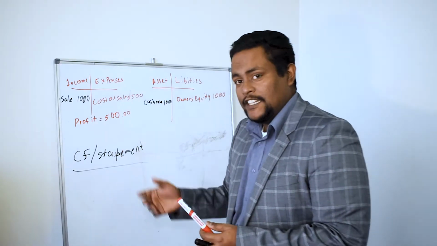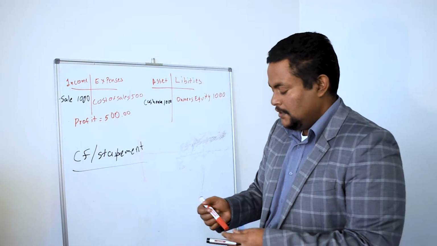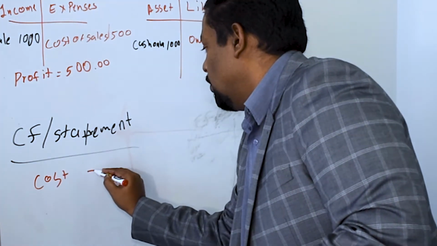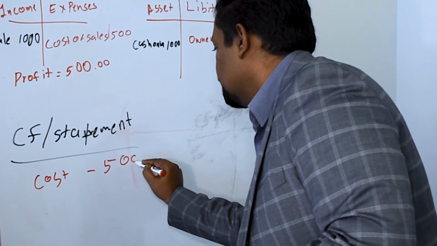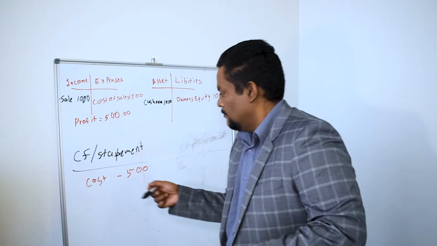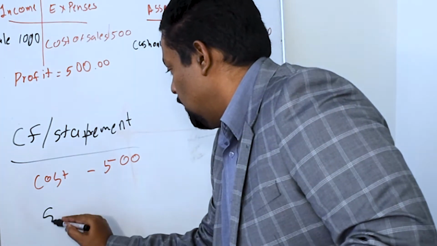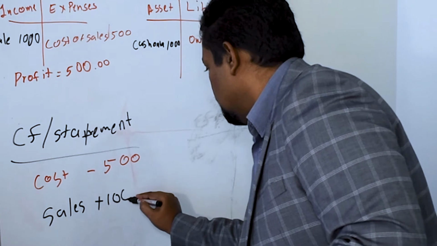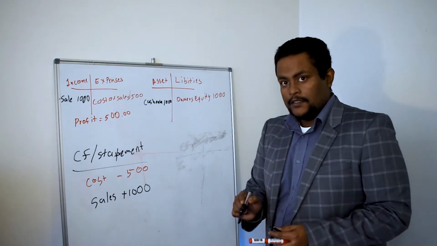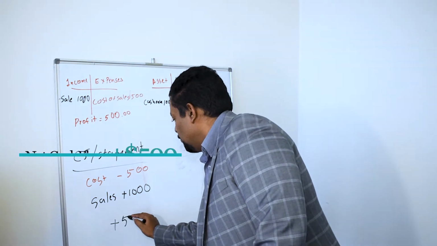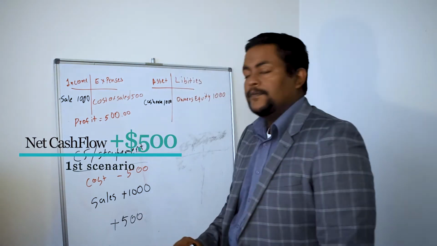And then the cash flow statement. You have cost of minus 500, and then sale of plus $1,000, right? So you end up with a net cash flow of positive 500.